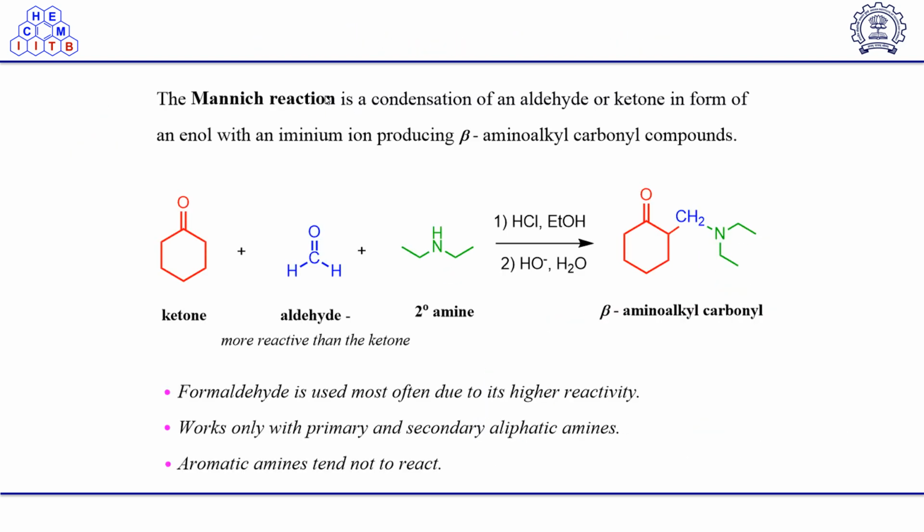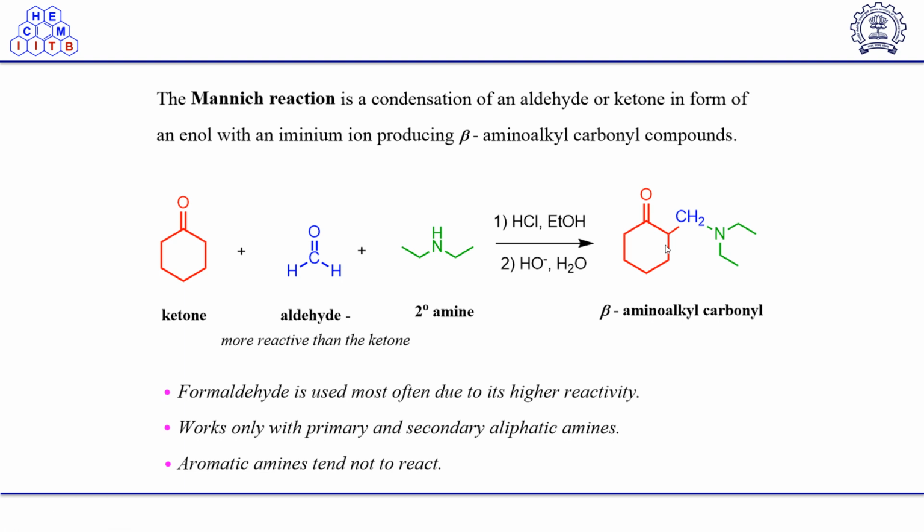And the last reaction is the Mannich reaction, whose mechanism we already discussed in the last class. So I will just briefly tell what that reaction is. It is a condensation of an aldehyde or ketone, in the form of its enol, with an iminium ion, which is produced from a secondary amine and an aldehyde, in the presence of HCl and ethanol, followed by a hydrolysis step, to give a beta-amino alkyl carbonyl compound.